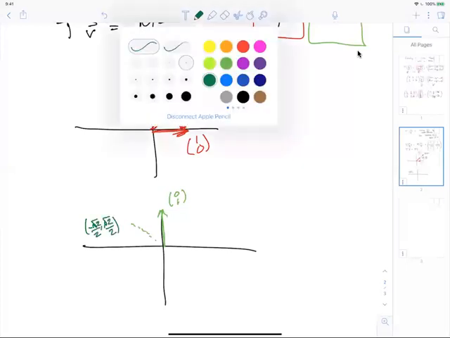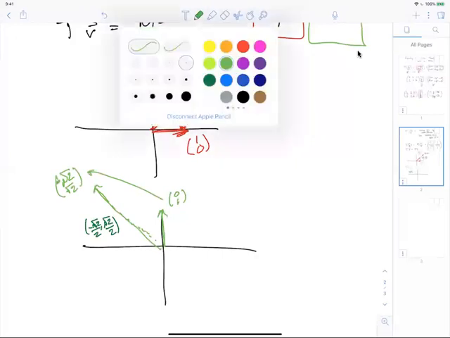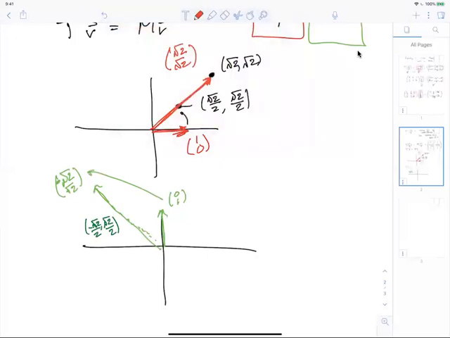And then when we stretch that by a factor of 2, it's going to go all the way out to minus square root of 2, square root of 2. But the first one's a minus. My apologies. So that tells us that we're going to go from 0, 1 to minus square root of 2, square root of 2 for the second vector, and 1, 0 to square root of 2, square root of 2 for that.